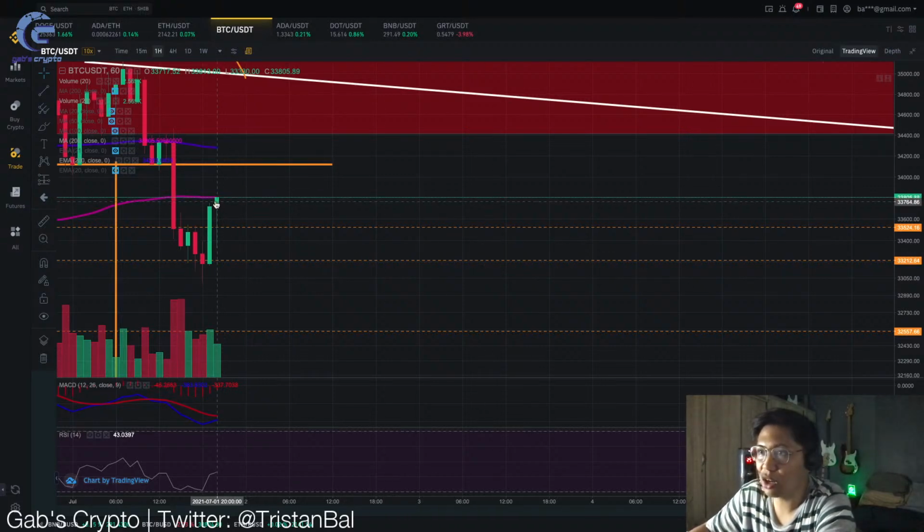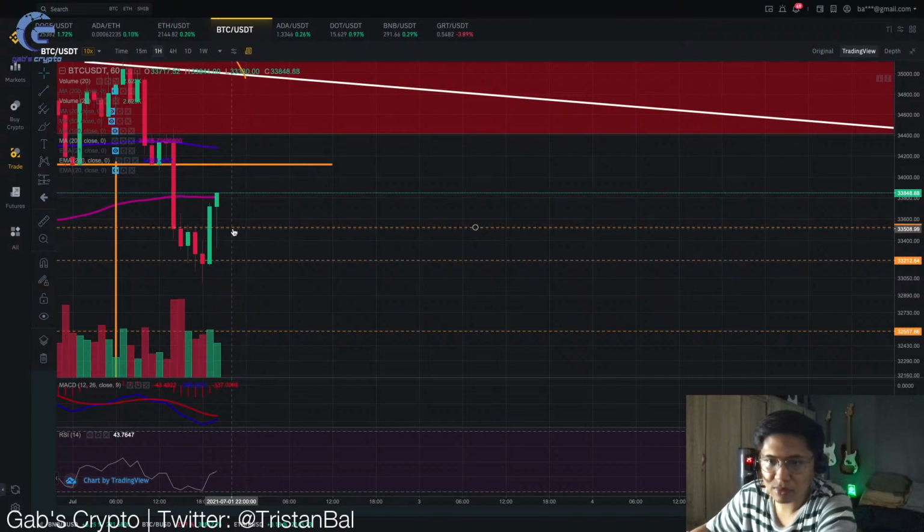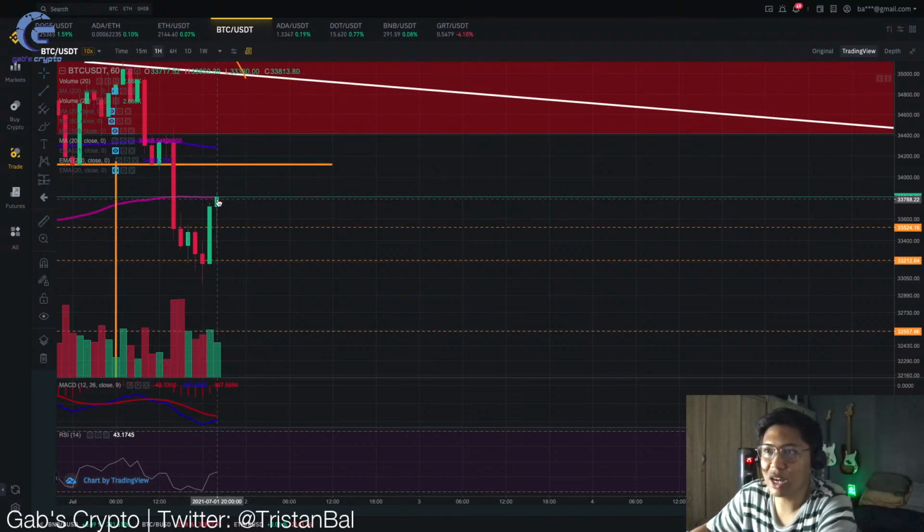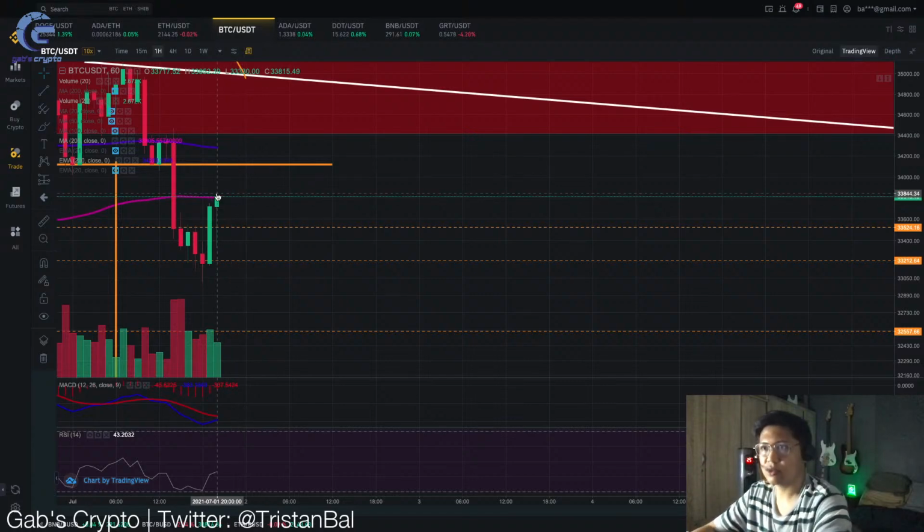For it to be a candle close, by 9 o'clock, this candle will finish. That's a candle close. By the time the candle finishes at the next hour, that's the candle close.